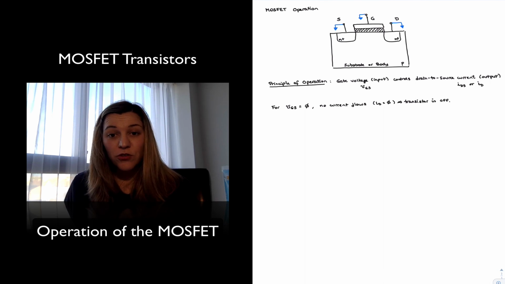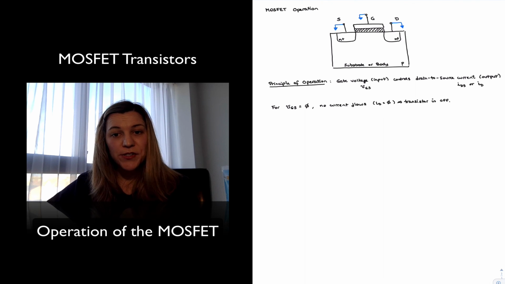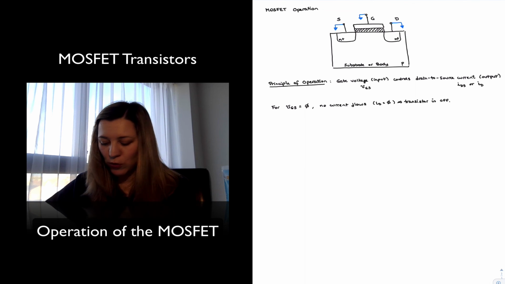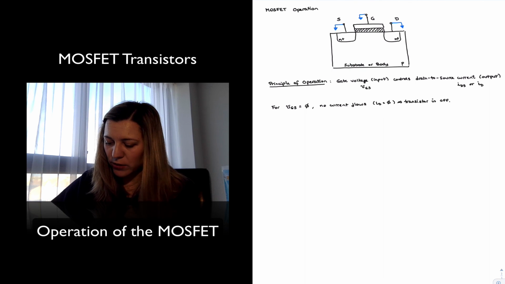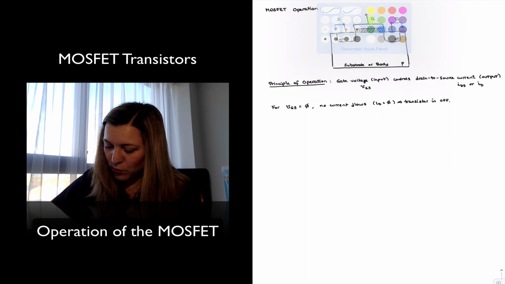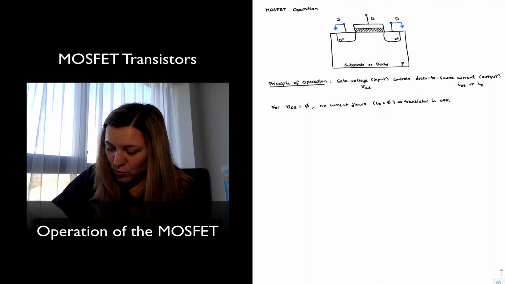In order to turn on the transistor, we need to start increasing our gate voltage, our input voltage. And so let's imagine that I start increasing my gate voltage. And in order to do that, I'm going to connect a voltage source here, which I'm going to call VGS.